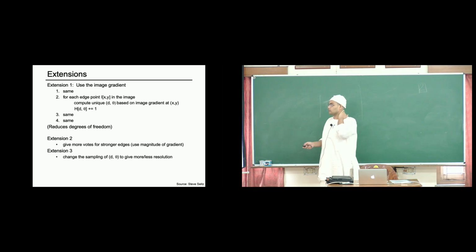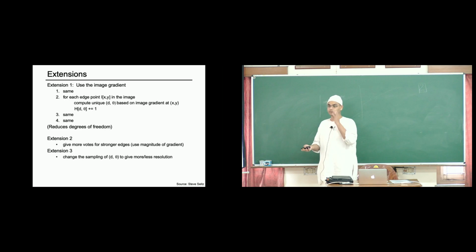So this is the basic algorithm and these are the extensions that you may need to adopt based on your need. You may want faster computation, so you do not want to go through all the theta, but rather get the image gradient and work on that. You may reduce the degrees of freedom, remember, and that boosts the space complexity a lot.